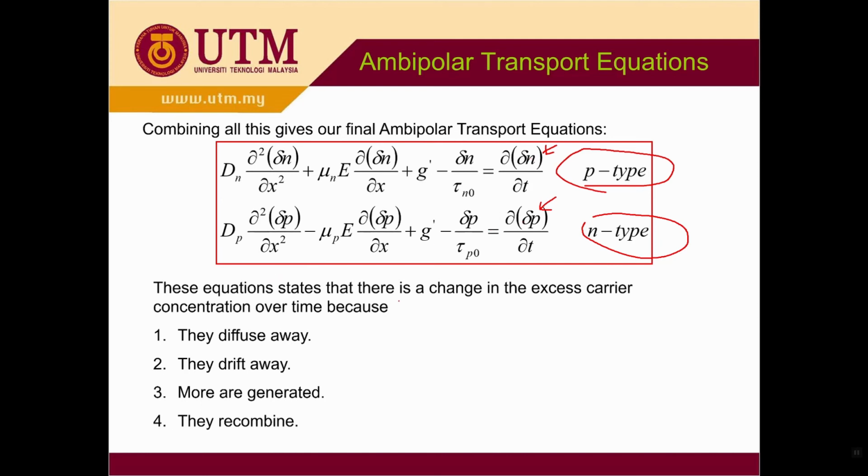So this equation states that there is a change in the excess carrier concentration over time because they diffuse away, given by the D prime, they drift away, given by the mu prime, more are generated, given by the G prime, and they recombine, which is these two components here. And with that, we have completed the step-by-step derivation of the ambipolar transport equation.